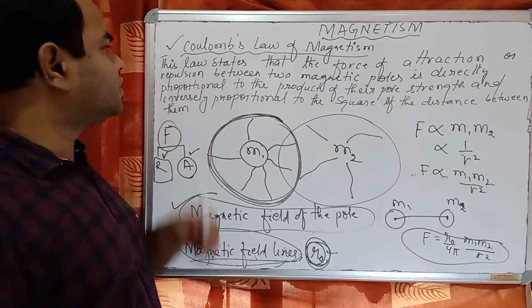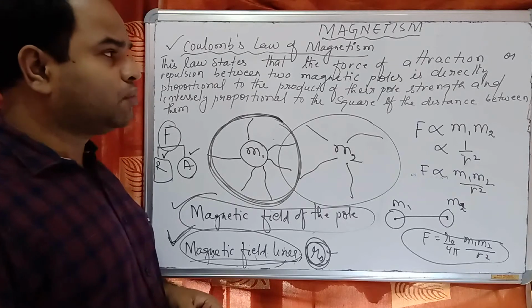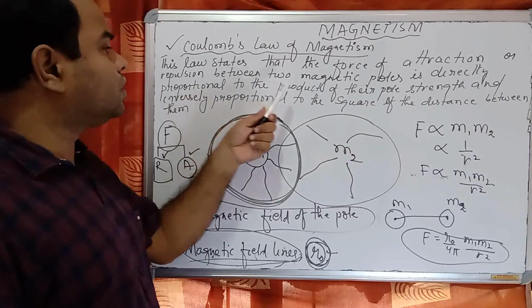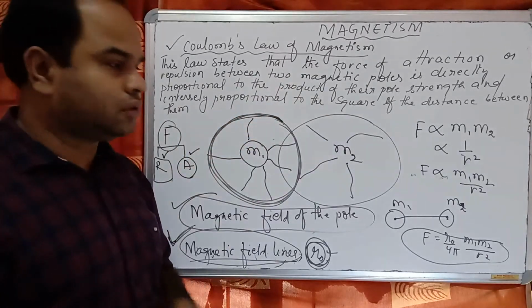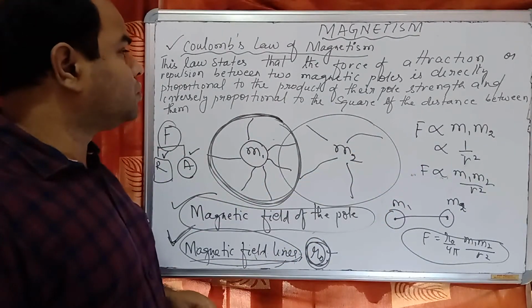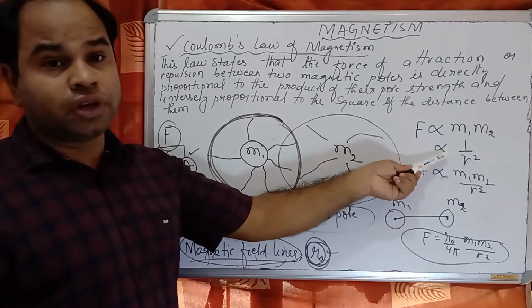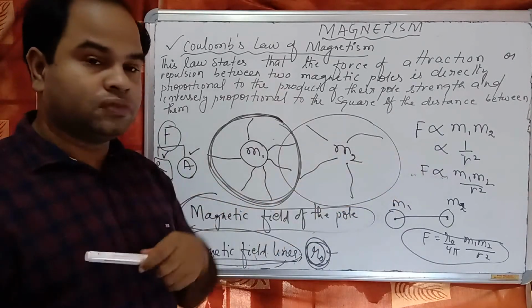This law states that the force of attraction or repulsion between two magnetic poles is directly proportional to the product of their pole strengths, and inversely proportional to the square of the distance between them.